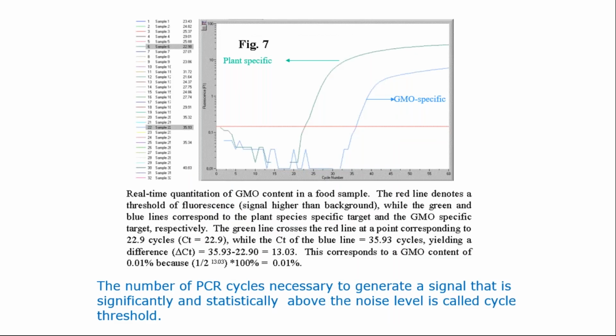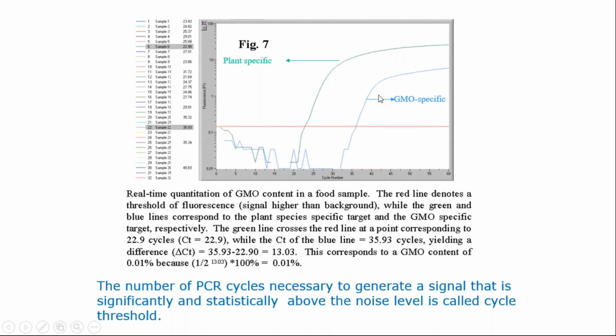So this is an actual plot from the instrument. So you see here, we have a GMO specific gene and we compare it with its plant gene. Because in GMO analysis, we have to always give the reference gene to show that the gene is coming from a particular plant.